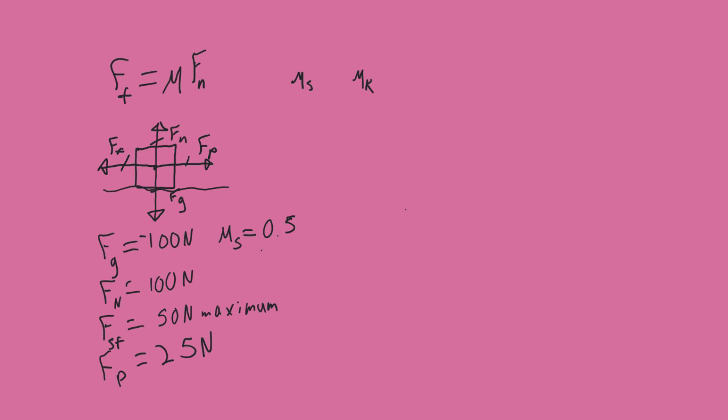My box is still stationary. Static friction is holding. So one error that we might make is to consider that, well, since the mu of static friction gives us a 50 Newton maximum for the force, well, then that means that the force of static friction is always going to be 50.